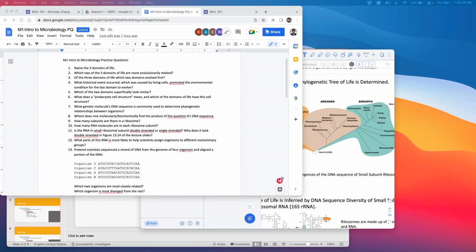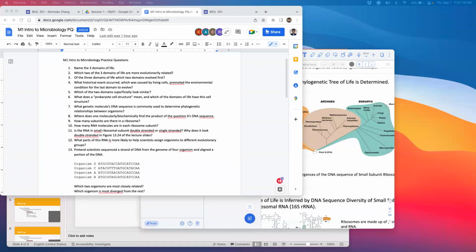So where does one molecularly or biochemically find the product of the question 6's DNA sequence? And I think it was actually question 7. So I think what he meant by that is where you would find the molecule from question 7, I believe it is, where it's talking about the determined phylogenetic relationships.